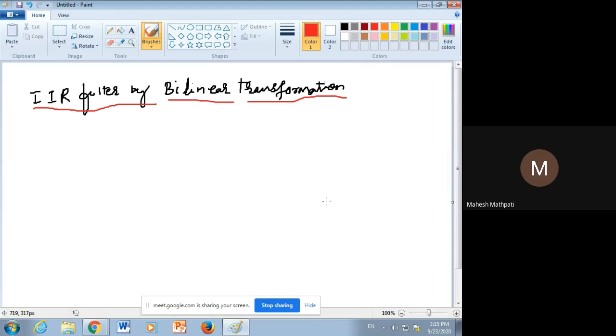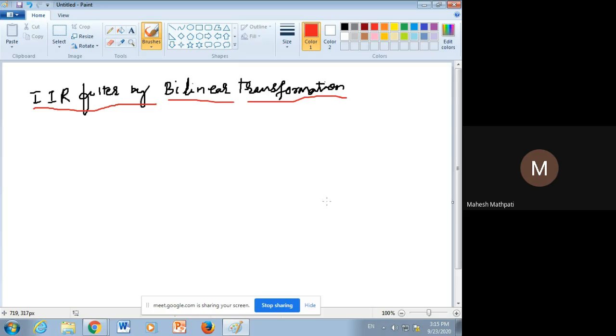This aliasing takes place in the frequency domain. Full stop.